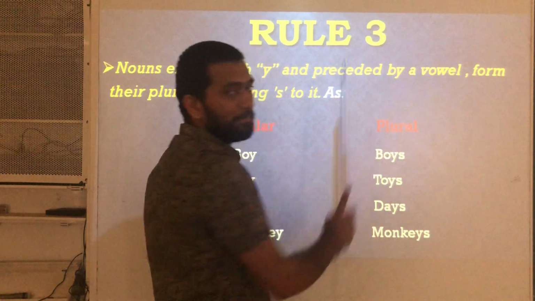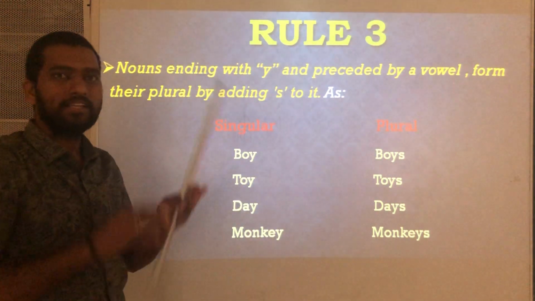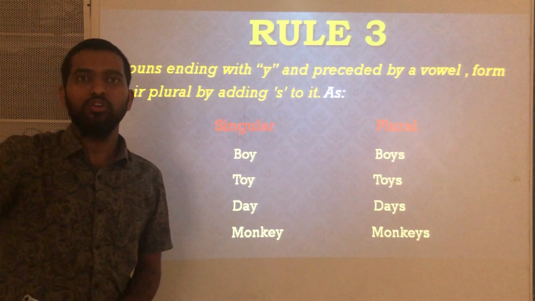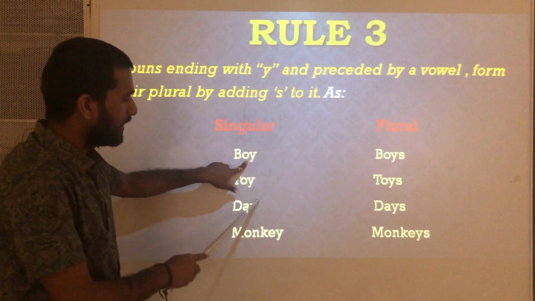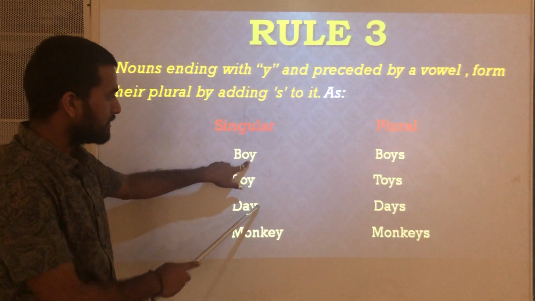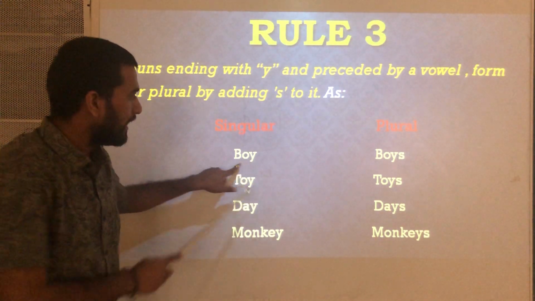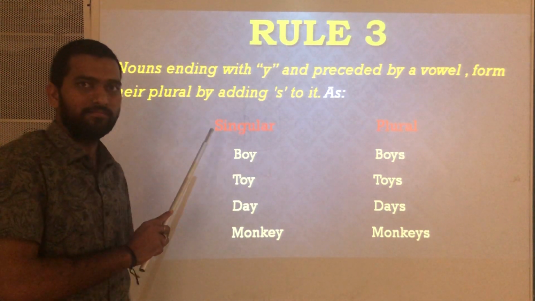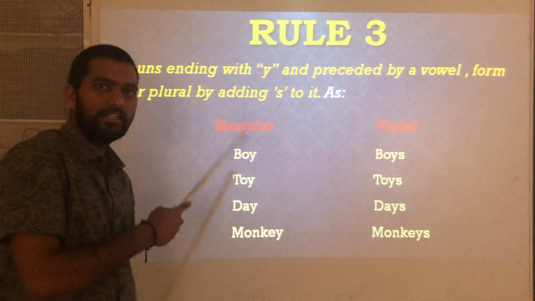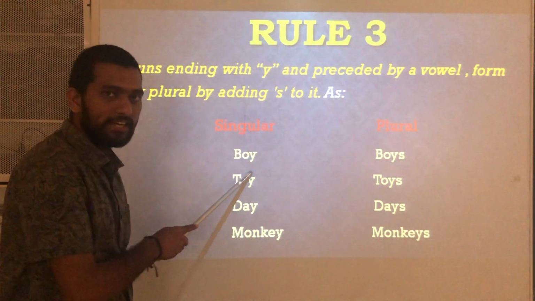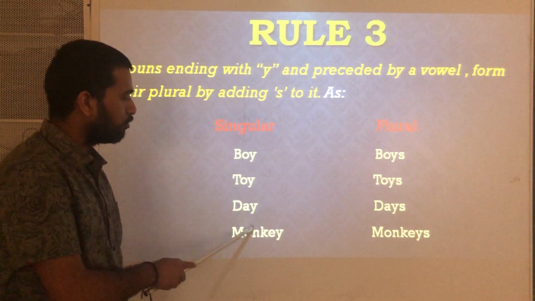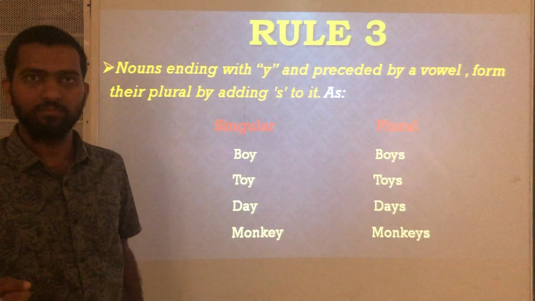Vowel means a, e, i, o, u. It means if the noun has y as the last letter, and before this y any vowel letter is there, either a, e, i, o or u.